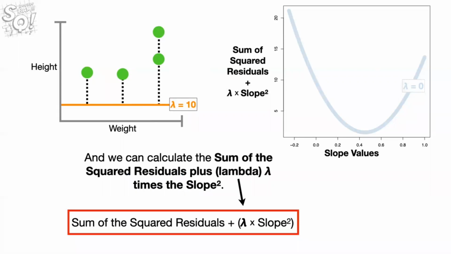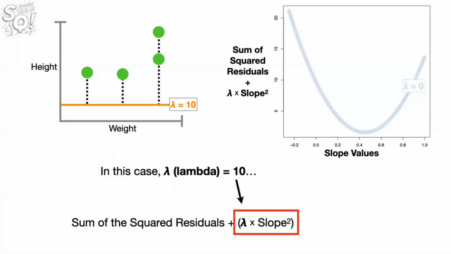But now you also have to add this second term, which says that you should calculate the error of those 4 points and add lambda multiplied by slope square, whatever that is. Now lambda is equal to 10, but for this particular line, the slope is equal to 0, right?